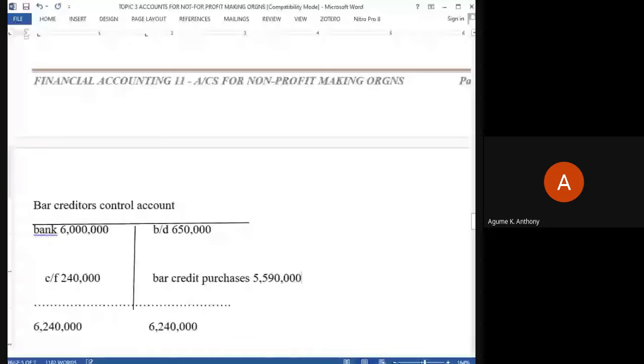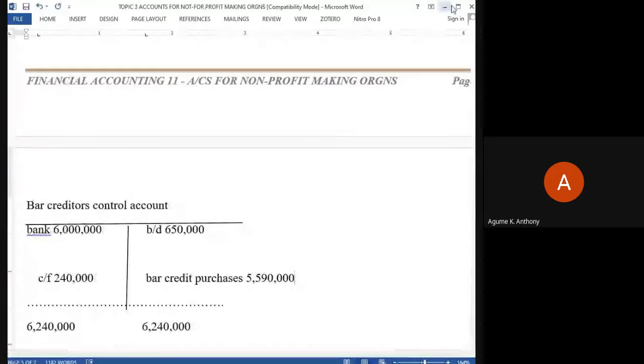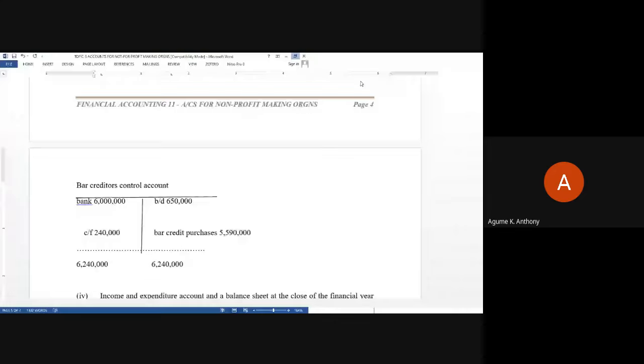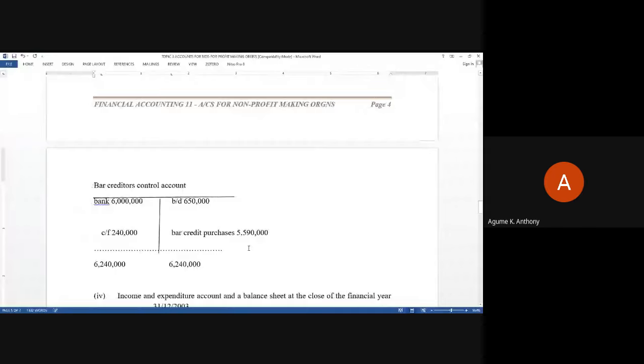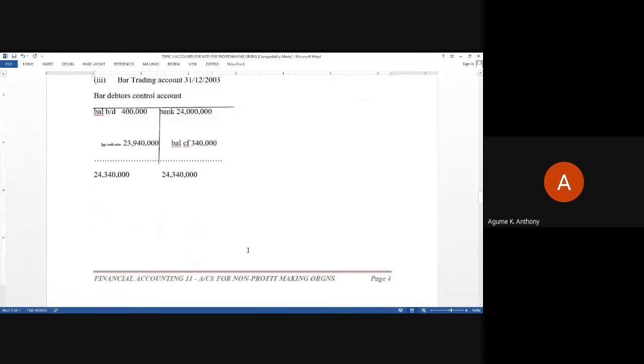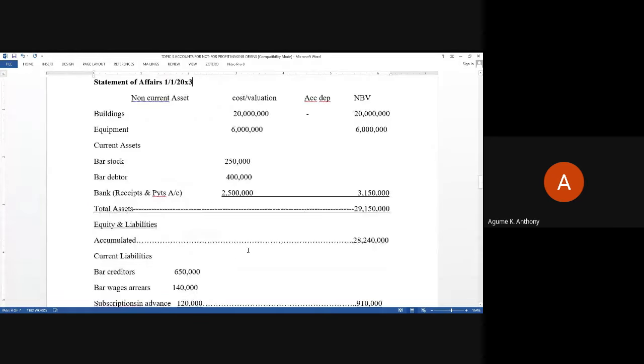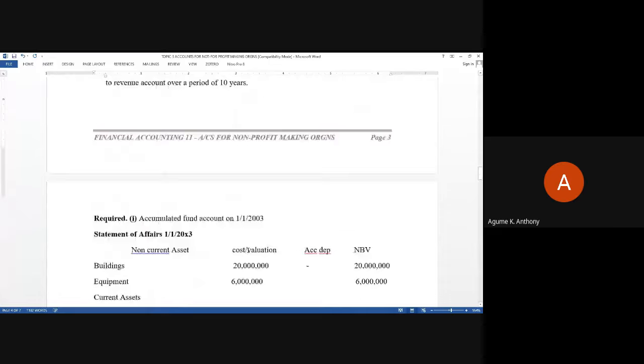Okay, so that is my figure for bar credit purchases. Now, I also need to make adjustments for any accruals or prepayments.